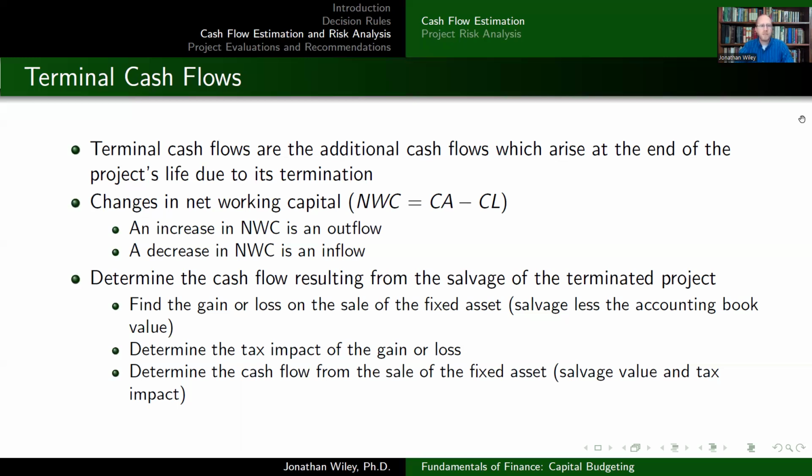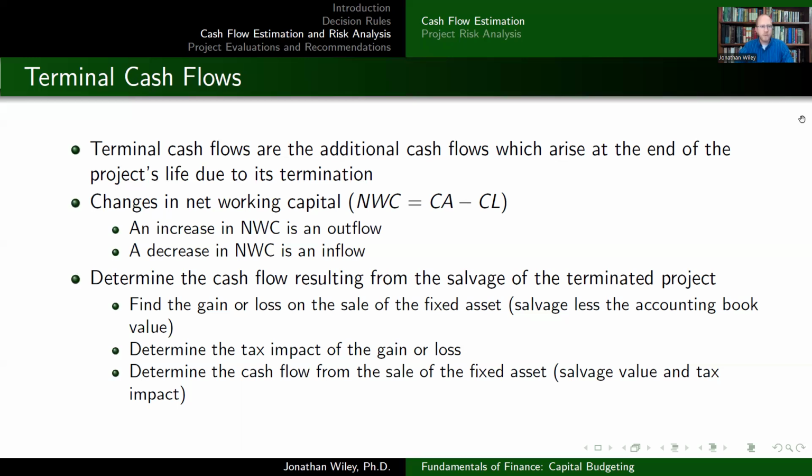And so this loss will reduce my taxable income somewhere else in the business, which means I was about to send the government some more money in taxes for some other part of the business, but now I don't have to send as much in taxes. If a penny saved is a penny earned, then in effect, I've saved money on taxes due to this loss. And so I would show a positive tax impact here. My cash flow from the sale will be salvage, plus a positive tax impact because of that loss on the sale.